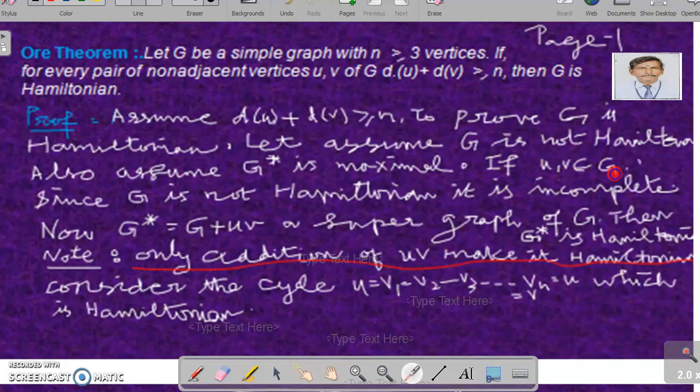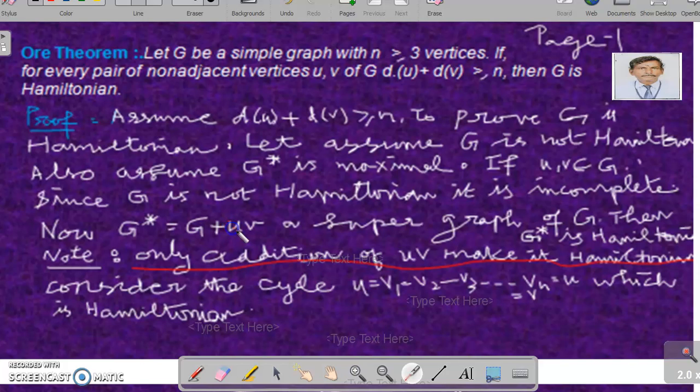Suppose u and v belong to G. Since G is not Hamiltonian by our assumption, it is incomplete. Now G star I am taking as G with the edge uv added. I am getting a new graph.